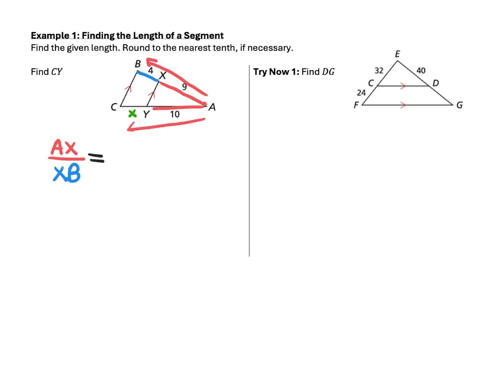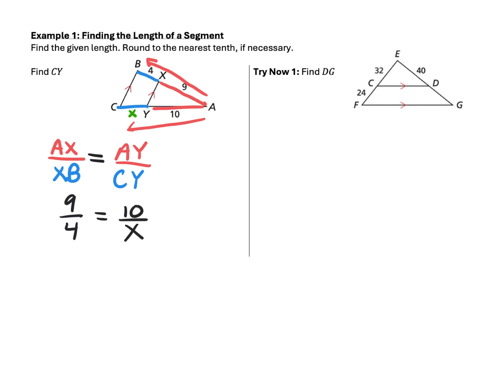So it's going to be AY over, and then CY is what we are trying to find here. Subbing in our values, that's going to be 9 over 4 equals 10 over X.